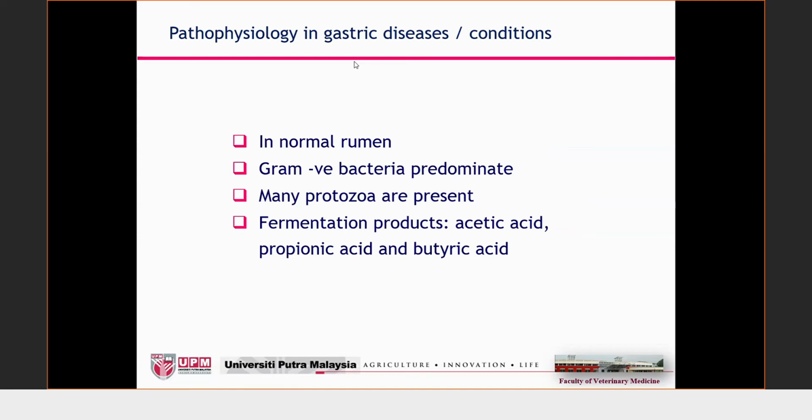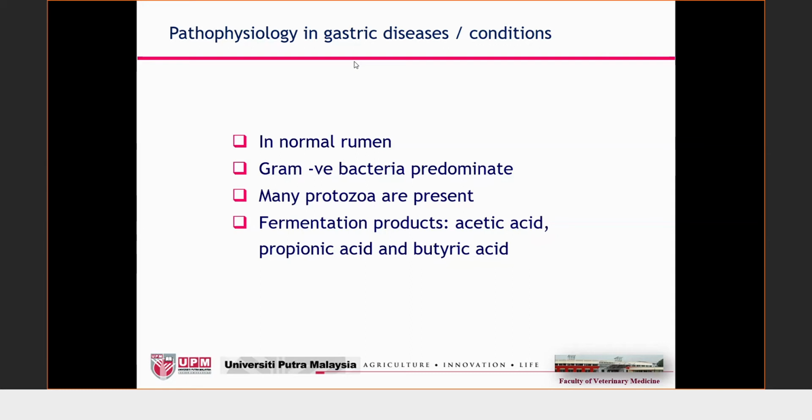Regarding the pathology, in the normal rumen, gram-negative bacteria are more dominant, but many protozoa are also present. This is very important in terms of ruminant digestion, because if you remember in terms of nutrition, digestion involves fermentation products.